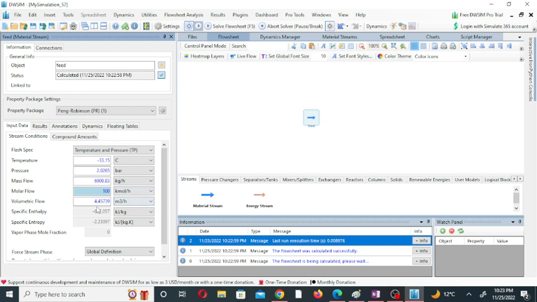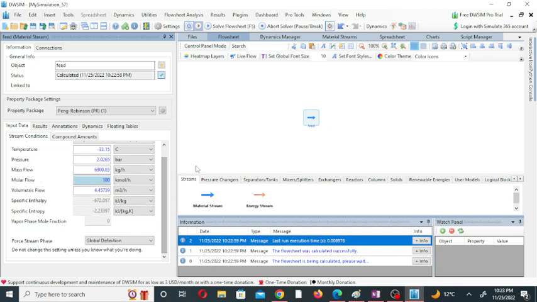We will enter all the values in the DWSIM. Now this is the feed stream, its color changes from red to blue, so it means the feed stream is fully specified.